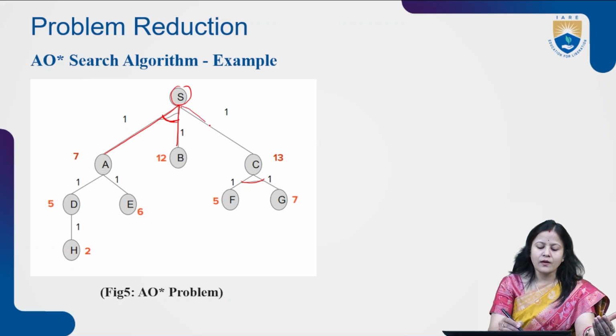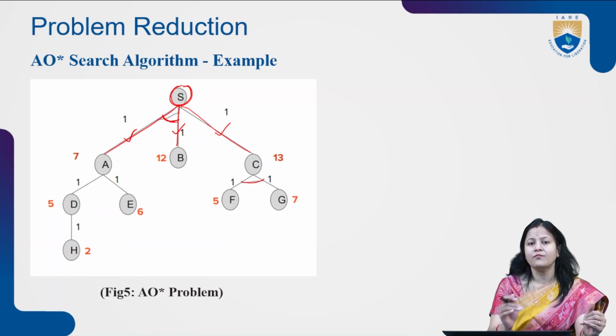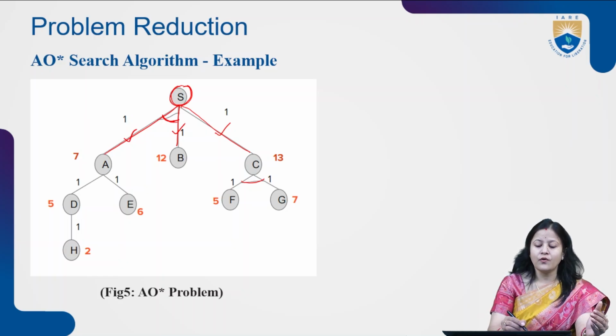But this is our OR path because there is no arc. So how to achieve S now? We either follow this path or we can follow these two paths together. That is up to your choice. But anyway, we have to find the solution for the OR path completely, and we will find the solution for the AND path. Then we'll see which path provides the better solution.